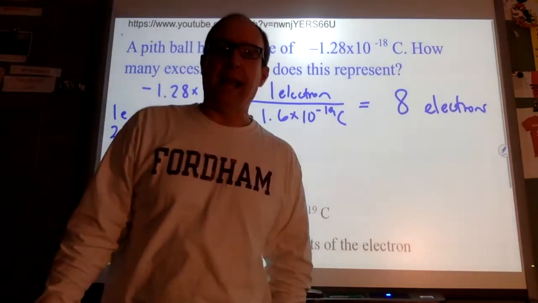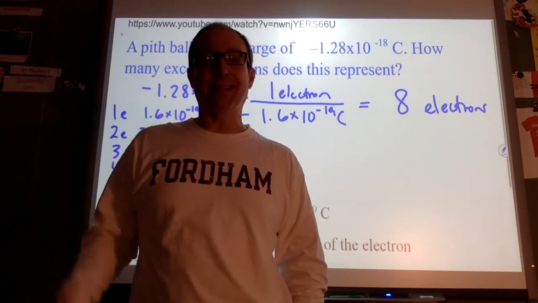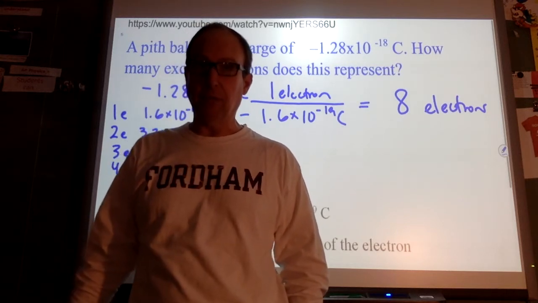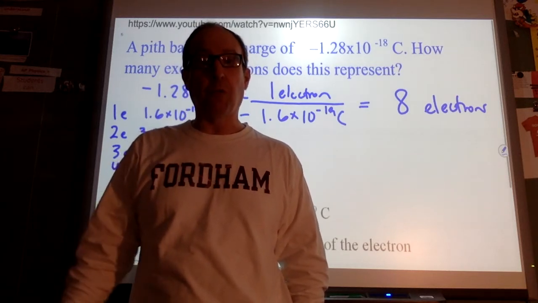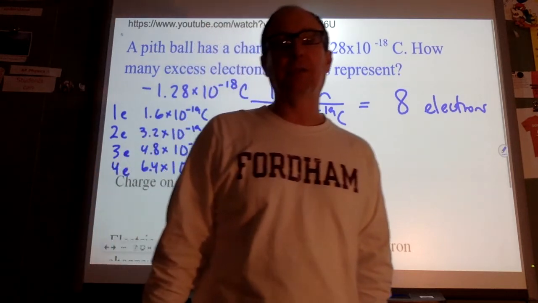So what they'll often ask you, they'll either give you a list of charges and tell you which one of them isn't possible, or ask you which one of them is possible. But it has to be the building blocks of this.